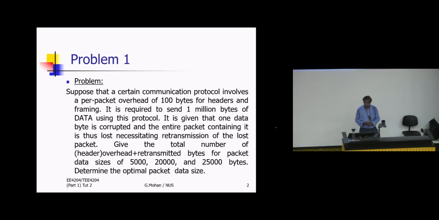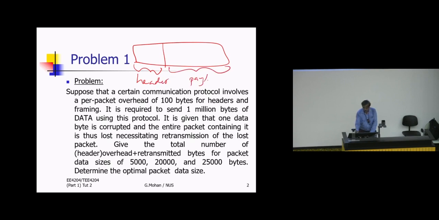Suppose a communication protocol involves per packet overhead of 100 bytes of header and framing. When we say header and framing, this includes the framing, let's say count-based framing or flag-based framing. For simplicity, let's assume that each packet has 2 parts: this is the header and this is the payload data.